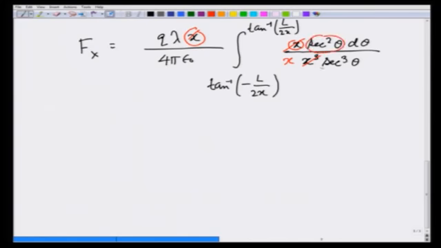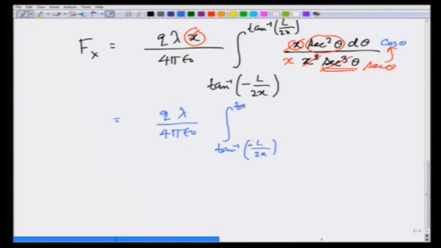This sec square theta divided by sec cube theta gives me sec theta, which becomes cos theta on top, and therefore this integral becomes q lambda over 4 pi epsilon 0 times the integral from tan inverse of minus L over 2x to tan inverse L over 2x of cos theta d theta, and this immediately gives you the answer, which is 2 q lambda over 4 pi epsilon 0. I am sorry, there was this x here also.